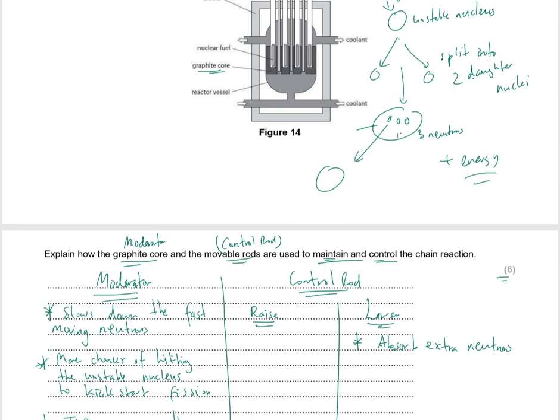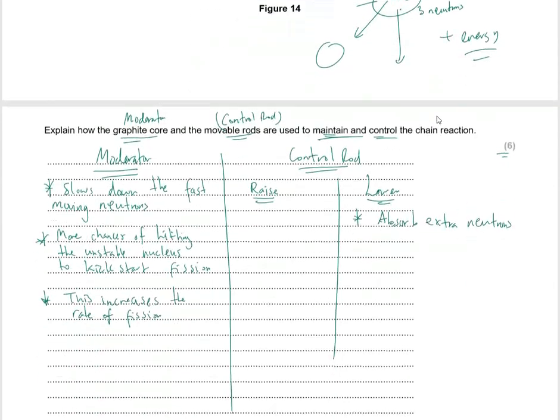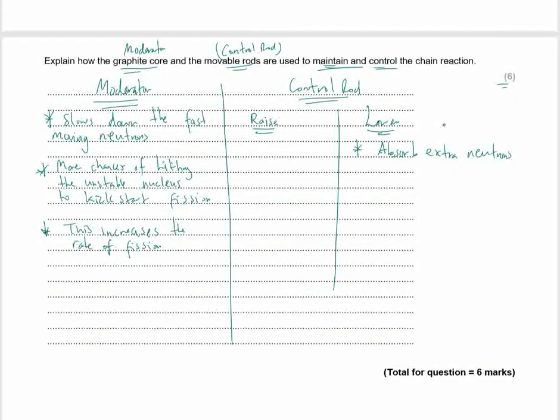So the control rods are going to absorb these neutrons, absorb extra neutrons, so less available to start a fission reaction. This reduces the rate of fission.